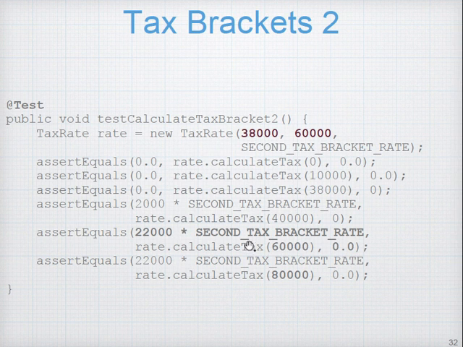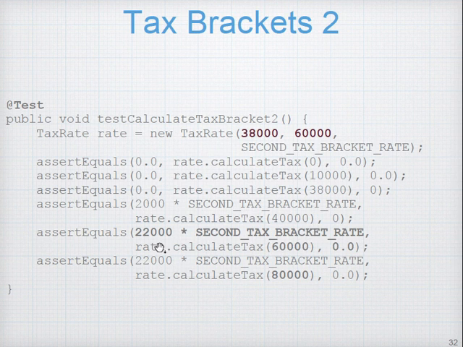So only the last three would show that, for 40,000 income, after deducting 38,000 for tax bracket 1, what's in the second tax bracket is only 2,000. So 2,000 times the second tax bracket rate should be the same as this rate for 40,000.